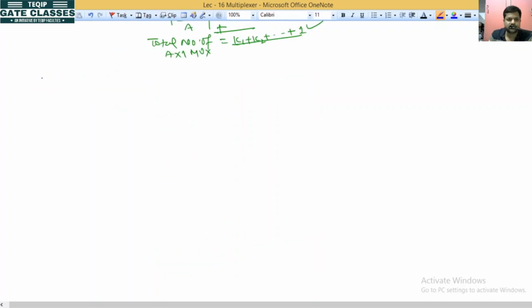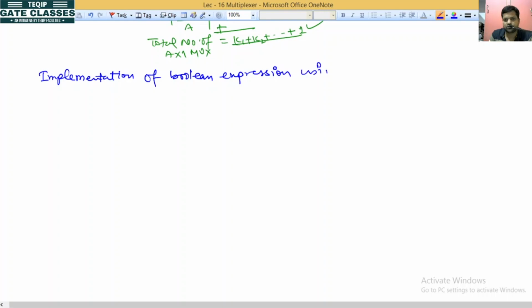Our next topic is implementation of Boolean expression using multiplexer.